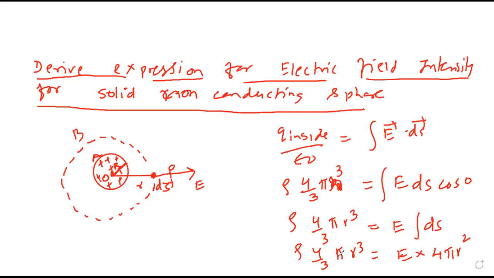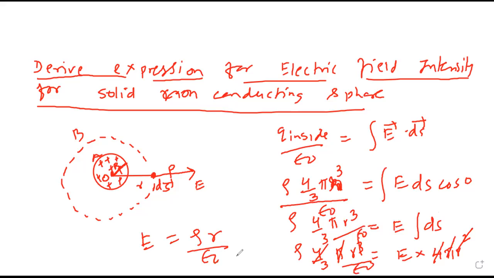So 4 pi cancel, r square cancel. So E becomes rho R cube upon 3 epsilon naught r square. This is the formula.